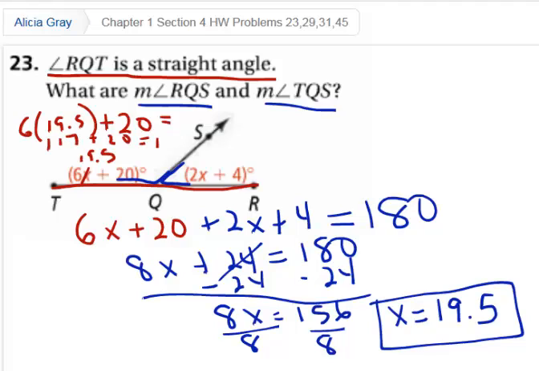plus 20 is 137. So summing that up, the measure of angle, and I'm doing this one right here, the measure of angle RQS equals 137.